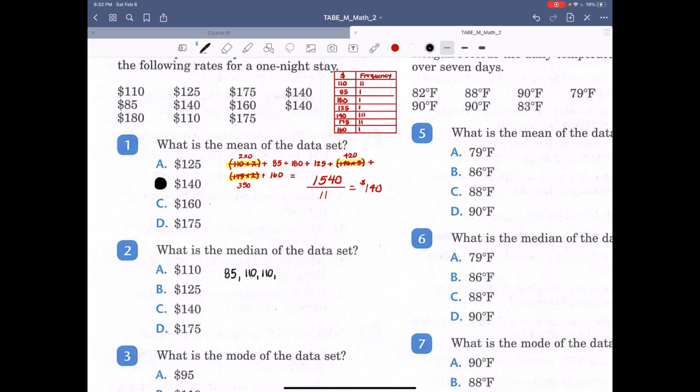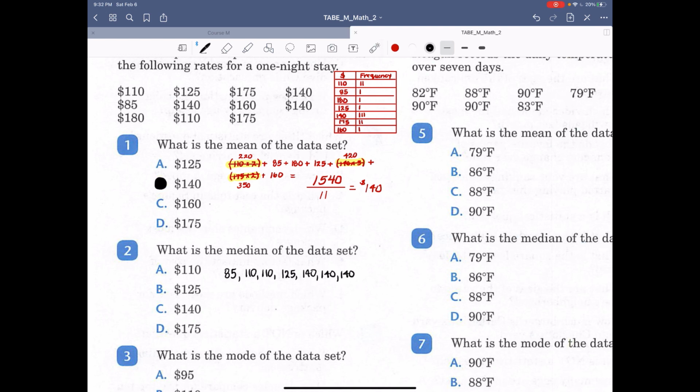Then we had a 125, and there was only 1. Then we have a 140, and there were 3 of those. So you have to list all 3 of them. You can't just stick 140 in there.